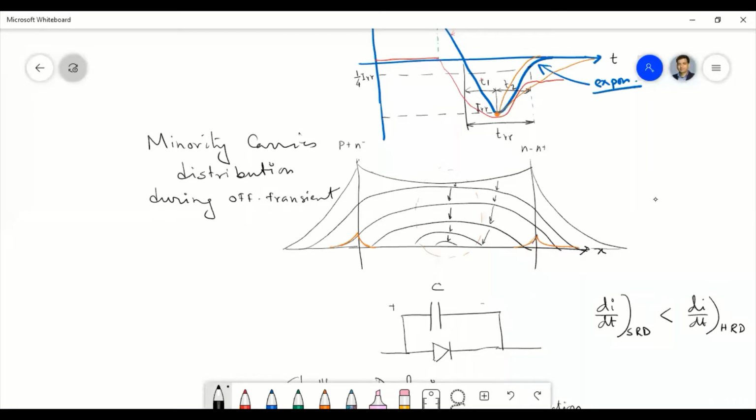Is it okay? Ankit? Yes, sir. Okay, so you can say that this is the NP and this is the PN, because this is the P in N. So this is the concentration of P in the N substrate as a function of x, and here both the concentrations are the same.